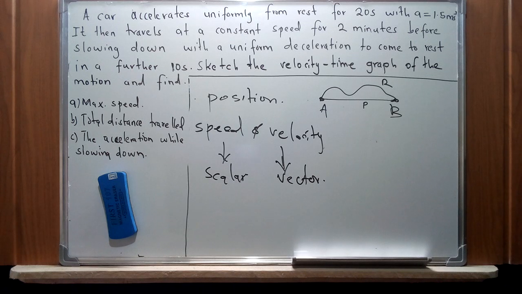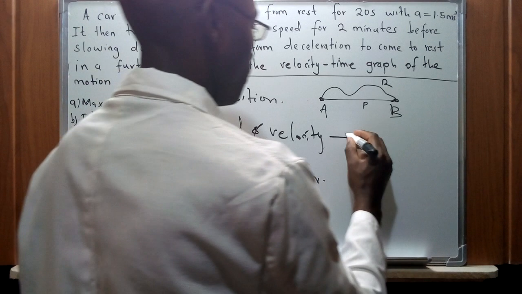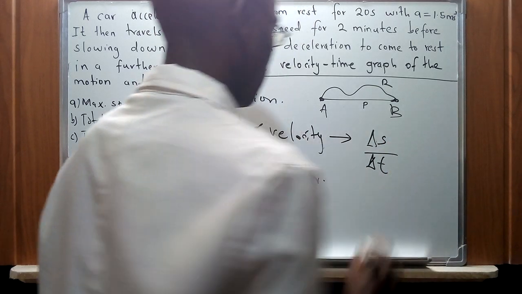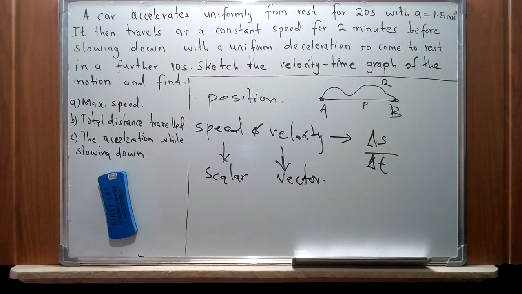Velocity refers to how fast and which way an object moves, or the rate at which position changes. Velocity is given as change in displacement over time, which is delta S over delta T.